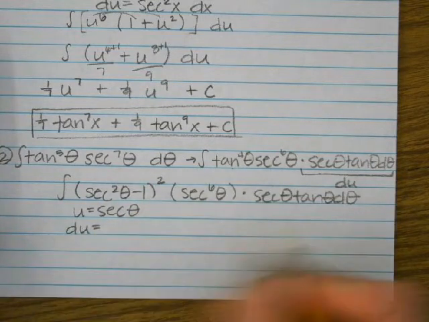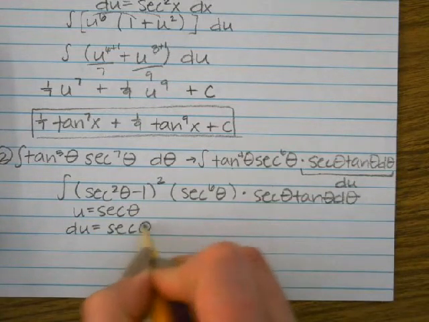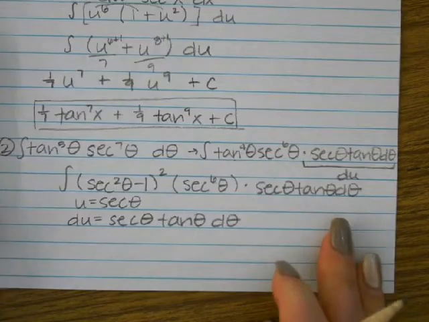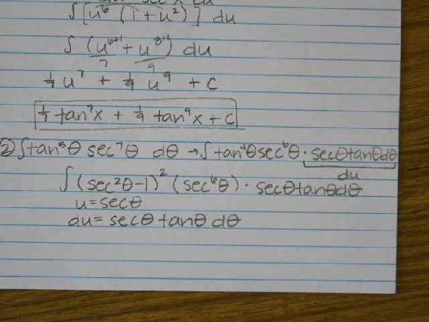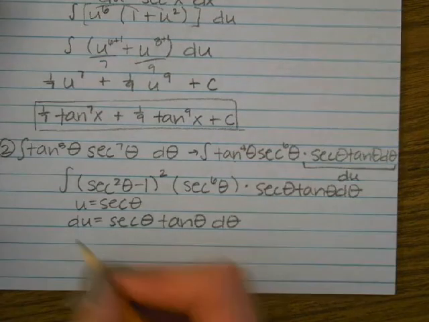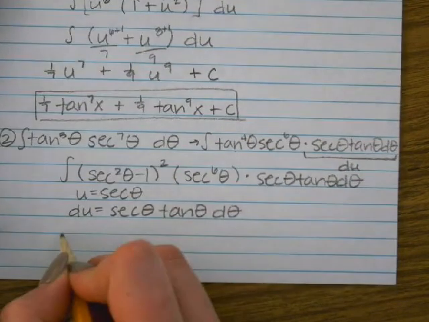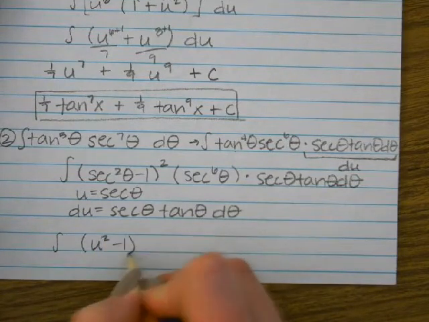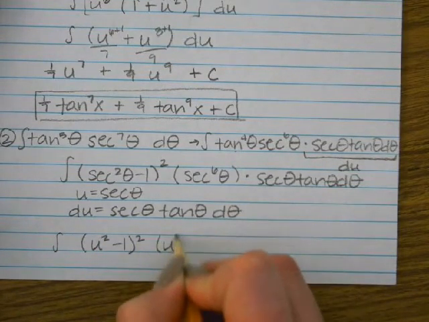Du is the derivative of secant, which is secant theta tan theta. And I can go ahead and put my u's in the problem and simplify that as u's, making my life a little bit easier. So that would be u squared minus 1 squared times u to the 6th, right?